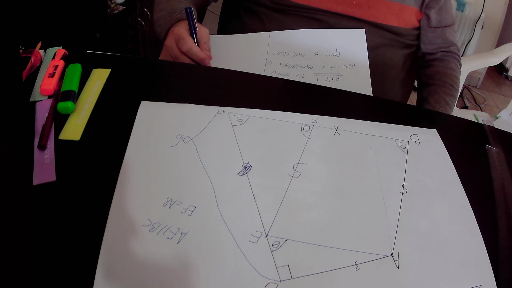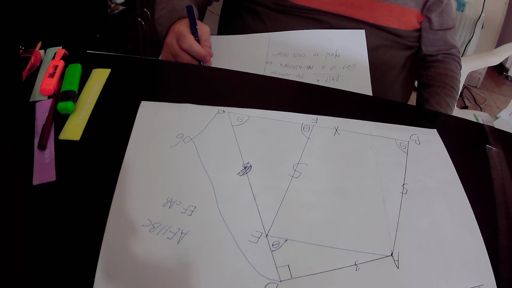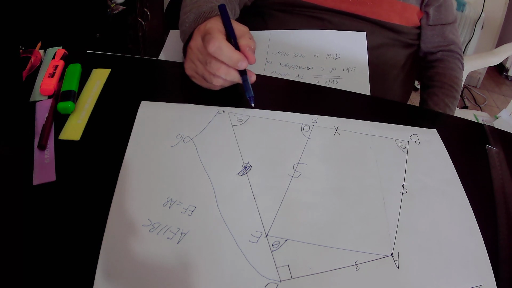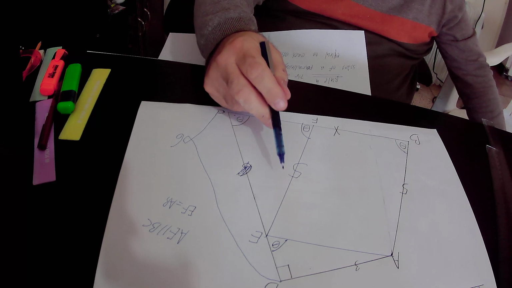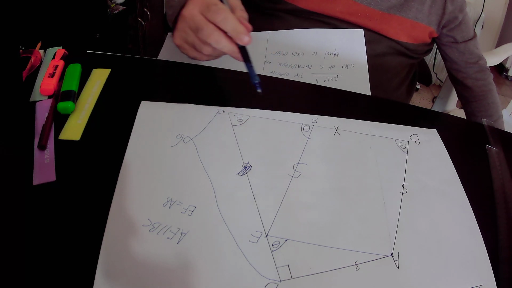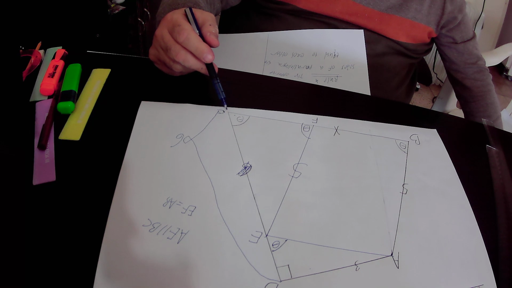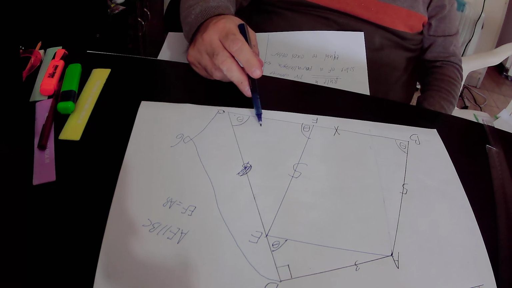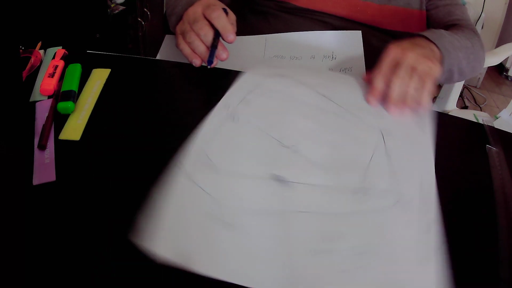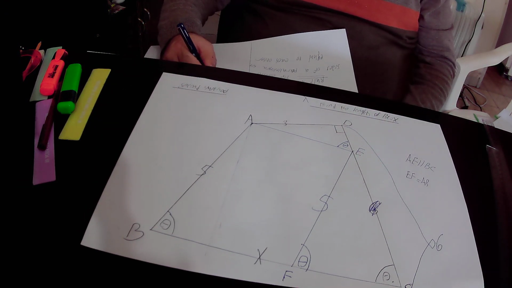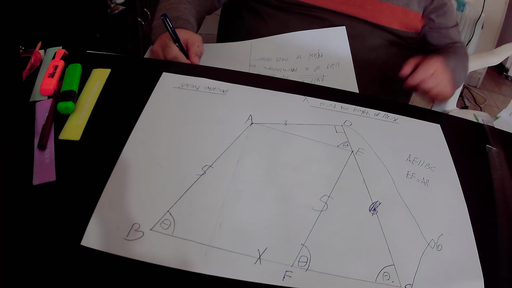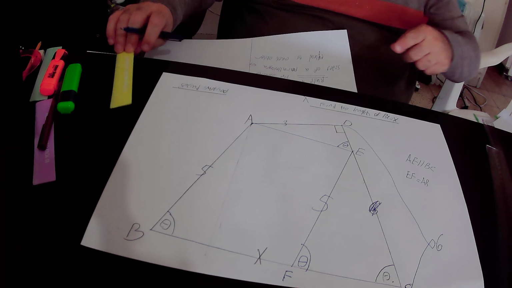And we have already the triangle EFC. In triangle EFC, this triangle, we have two equal angles.